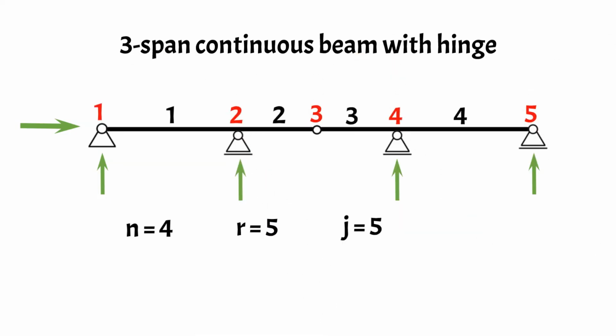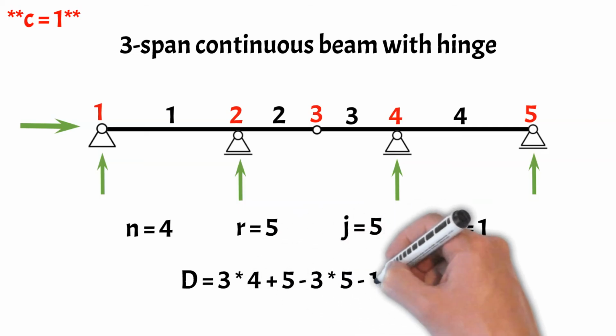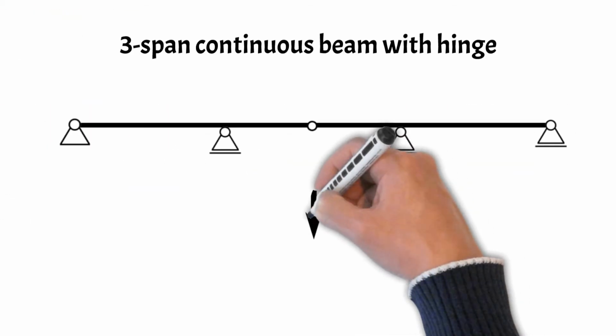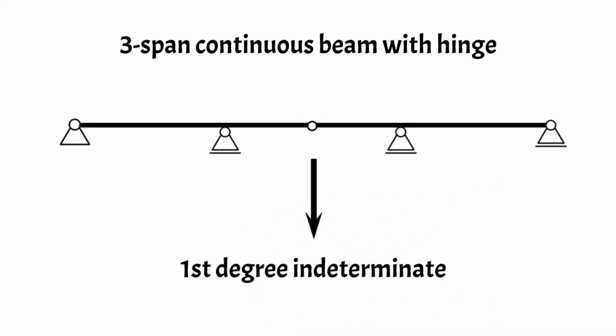But C stays the same and it equals 0. Now if we plug that into the formula again, we get D equals 1. And that means that the structure is statically indeterminate to the 1st degree. And the reaction and internal forces can still not be calculated by the 3 equilibrium equations. And we would need actually another hinge to make the structure determinate.